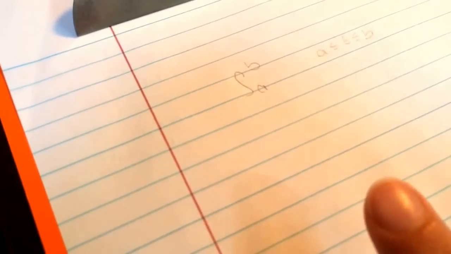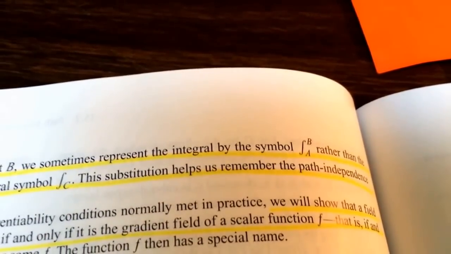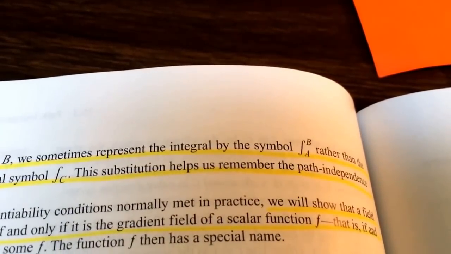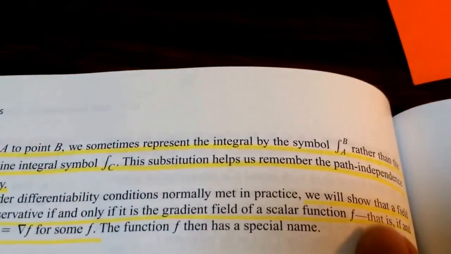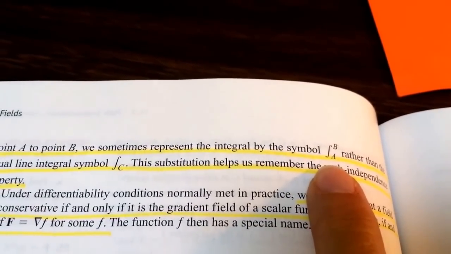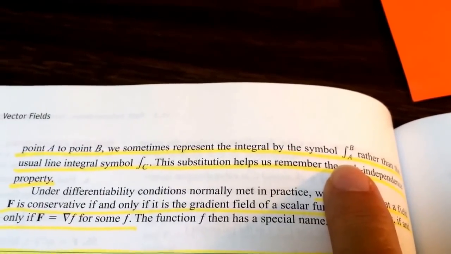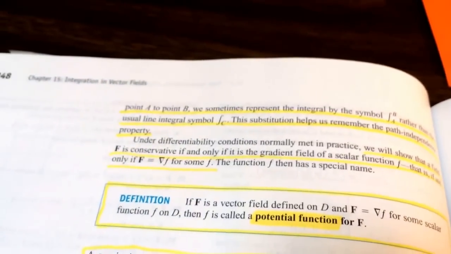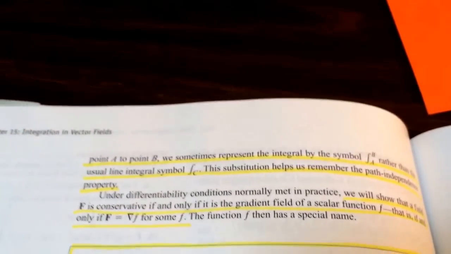These A and B here are points, ordered pairs or ordered triples. But they use this notation just to remind you that these particular integrals are path independent. So you don't care about the path, you just care about where you start and where you stop.